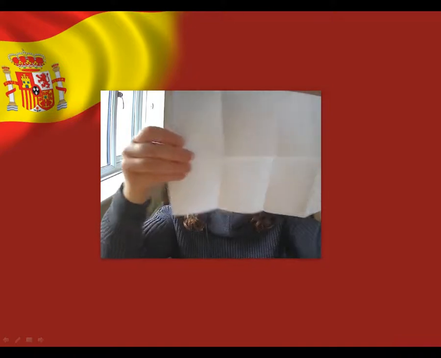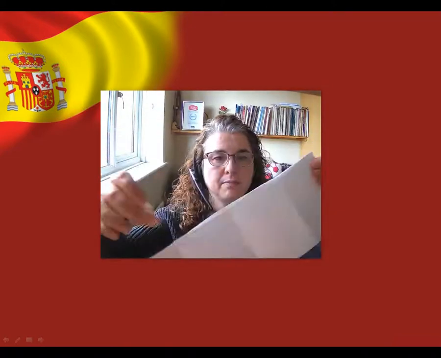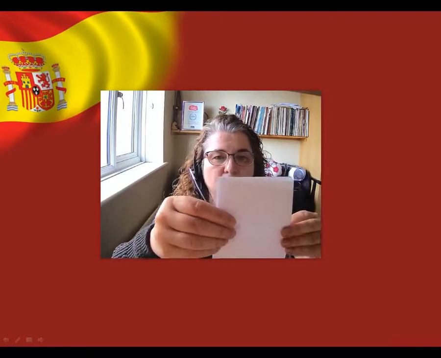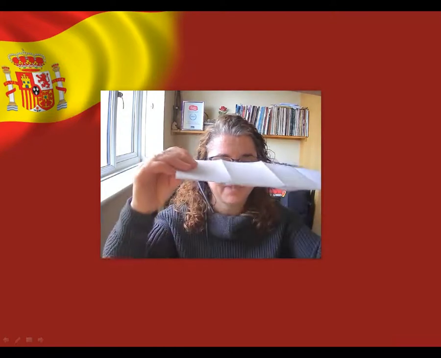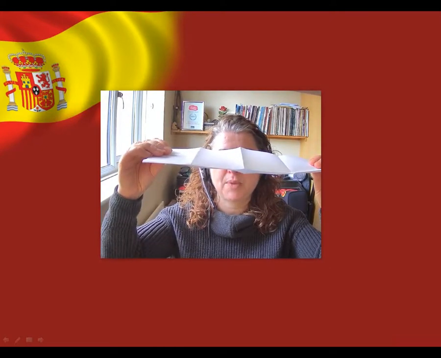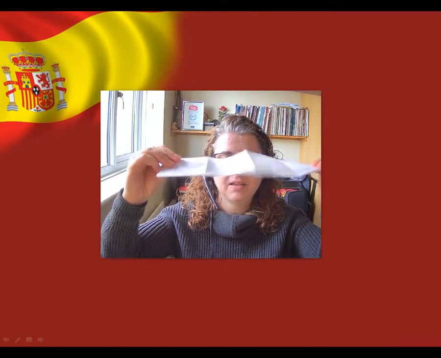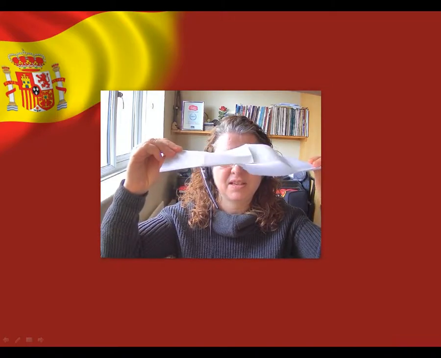Now, next step, fold it in half again, the other way. I'm just going to fold mine that way so that the creases point outwards. And just firm up those folds there. And finally, the last step. This is what makes your pages. One end in each hand, and push. Did you see how I did that?